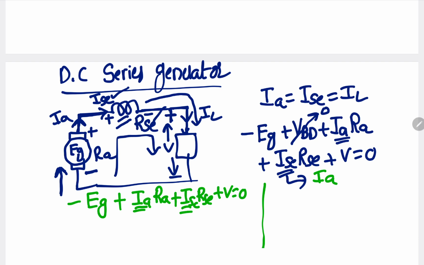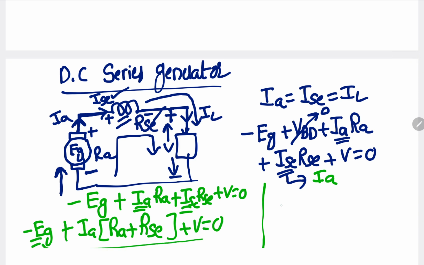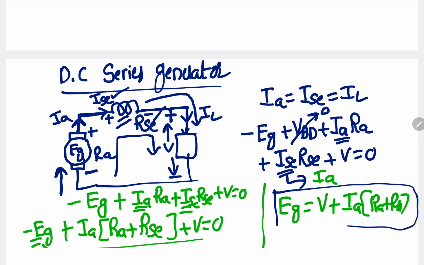Here IA is taken common: minus EG plus IA into (RA plus RSE) plus V is equal to 0. So this minus EG comes to this side, and it becomes EG is equal to V plus IA into (RA plus RSE). This is the voltage equation of the DC series generator, right?